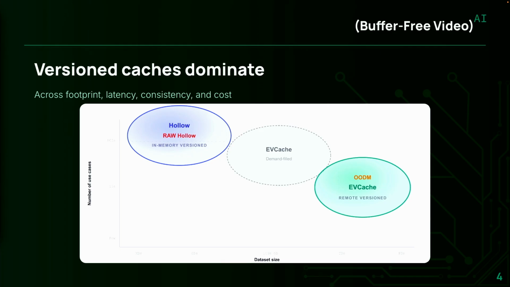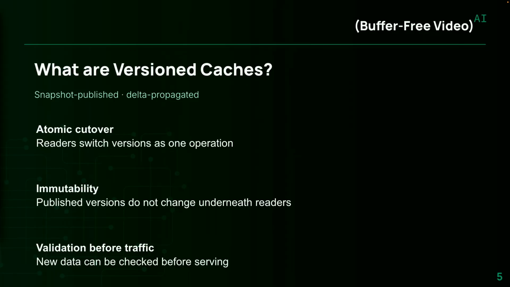So on the left, in the gigabyte scale, you have Hollow and Raw Hollow, which serve hundreds of use cases entirely in memory and versioned. And on the right is the terabyte to petabyte scale, where we have an architecture called UDEM and the largest EV cache deployments at Netflix, which are also versioned, but data is hosted remotely. So two of the three regions are versioned, the one with the most use cases and the one with the largest data sets. And so what is a versioned cache?